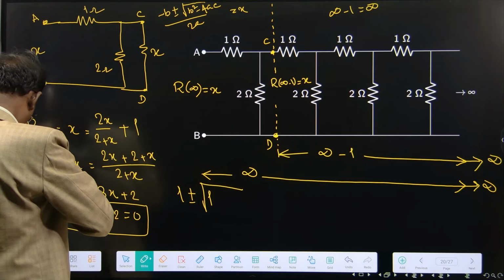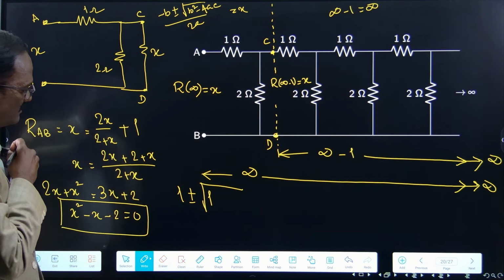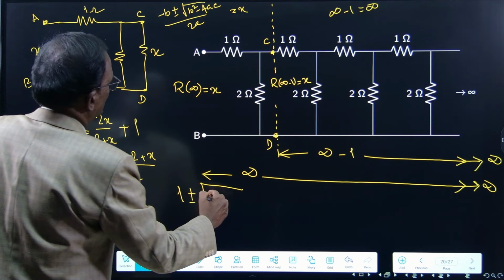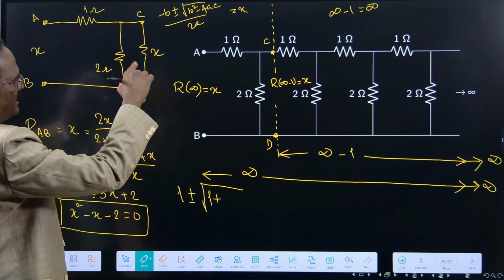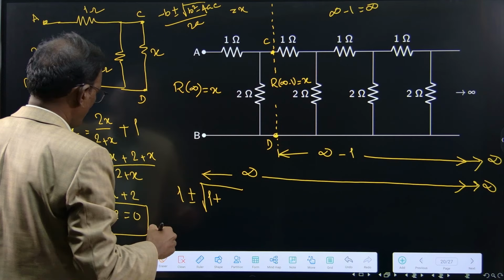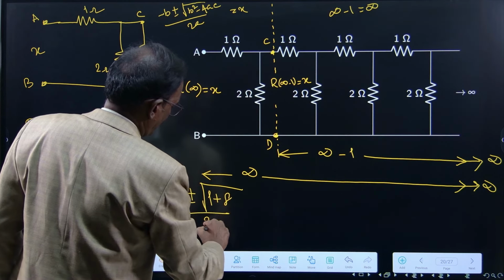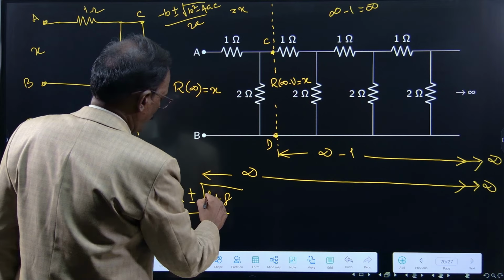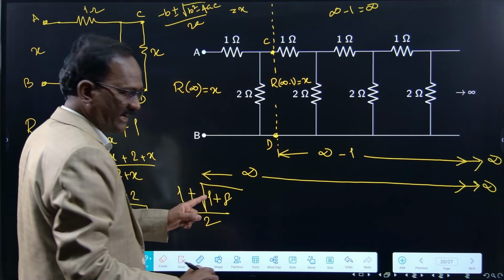With a equal to 1 and c equal to minus 2, minus 4ac becomes plus 4 into 1 into 2, which is 8. So 1 plus 8 is root 9, and root 9 is 3.